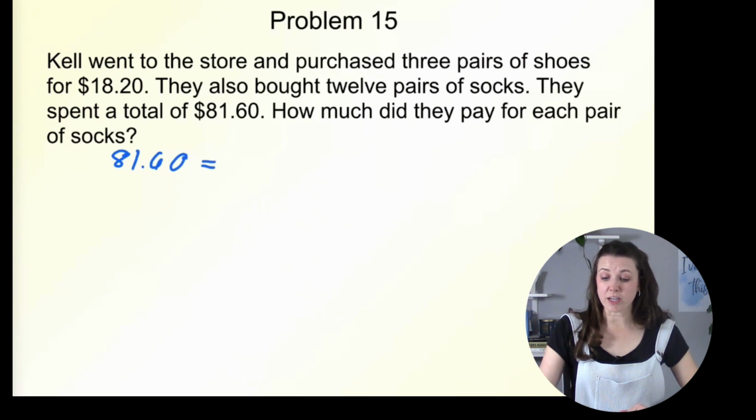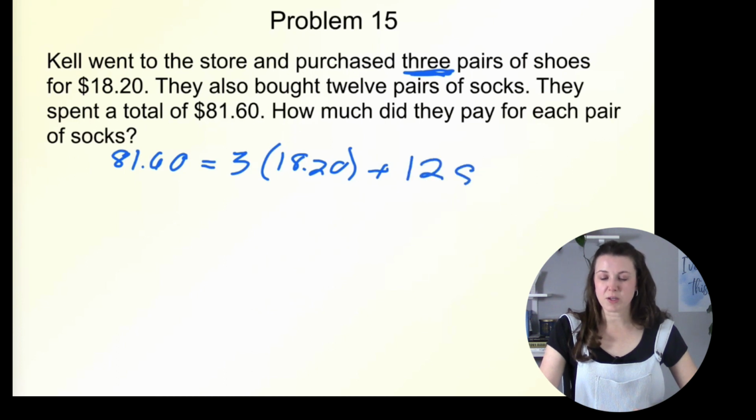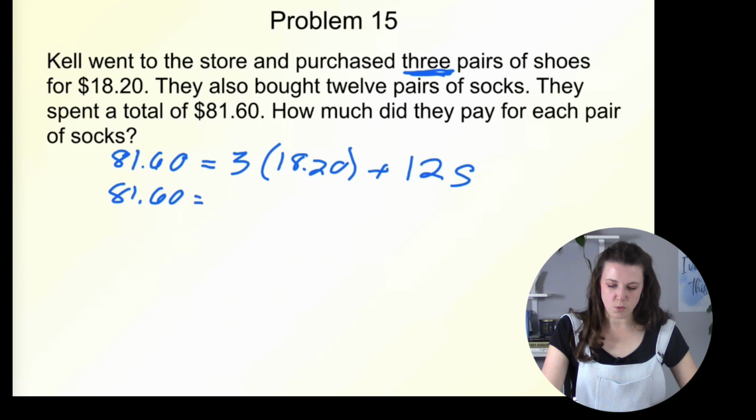And they bought 3 pairs of shoes. So notice here that 3 for $18.20 each. So we're going to go 3 times $18.20 plus 12 pairs of socks. So we'll go 12, and let's put a little S there for socks. Now we just solve for it. So we have our $81.60 equals 3 times $18.20 is $54.60 plus 12S.